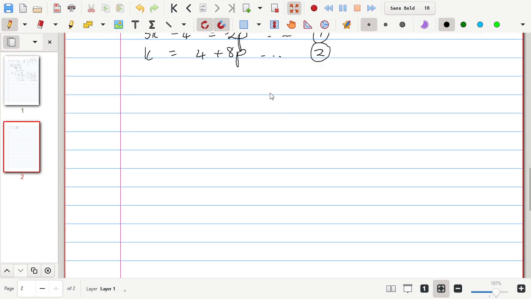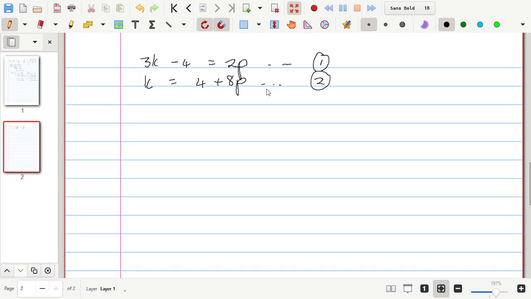Once again, I want to make sure that my variables line up. So I want to have k first, then p, and then my constant. So let me just get rid of that. I'm going to take my first equation, and I'm going to bring the 2p over to the other side.